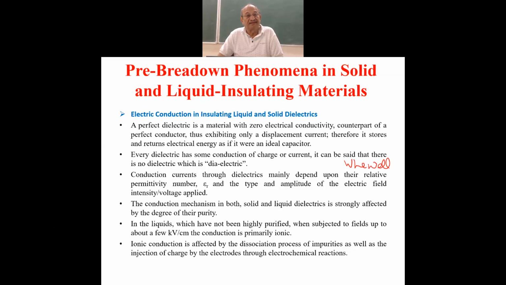Unlike in the gaseous dielectric, where the conduction was electronic, that means it constituted of electrons, in the liquid dielectrics the conduction is basically ionic, with the help of ions.